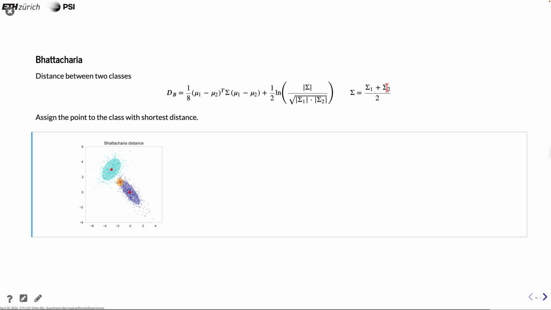So here it requires that you actually also measure the covariance matrix for the measured point. So that requires more data before you can do a segmentation, data around the point. And here you can see when there is a good overlap between the point and its spread and the class that we have identified.